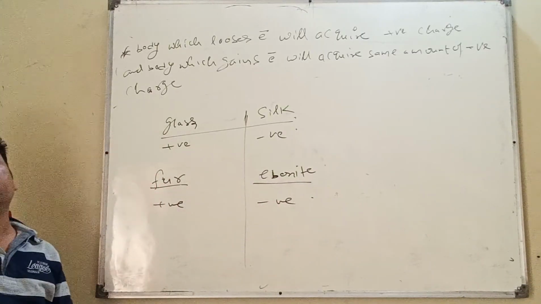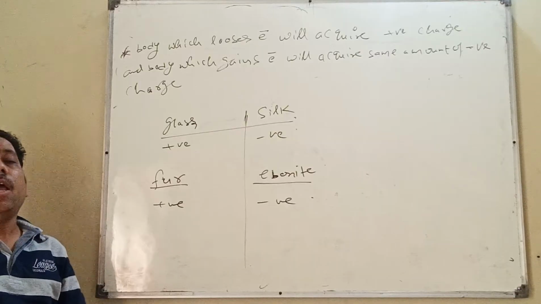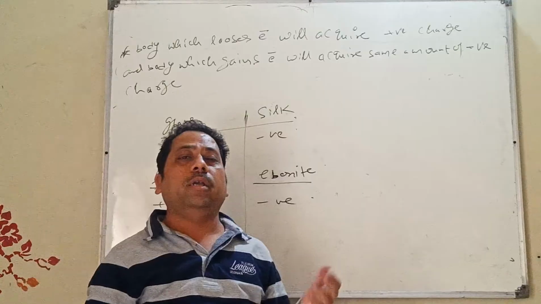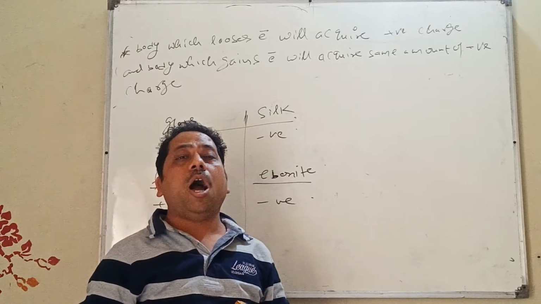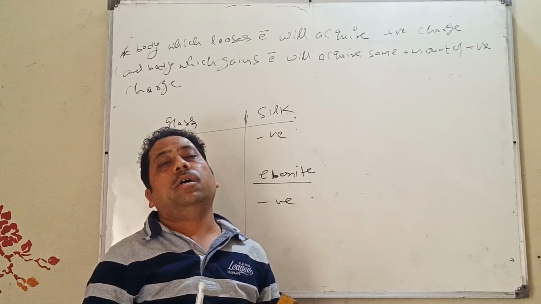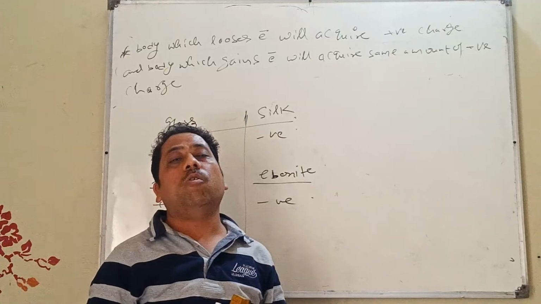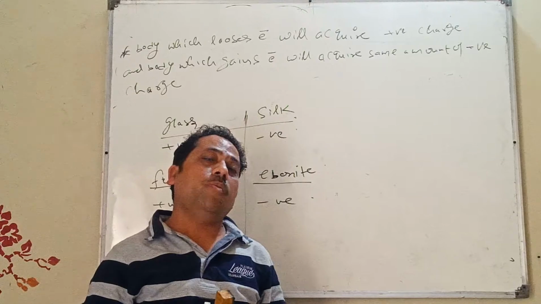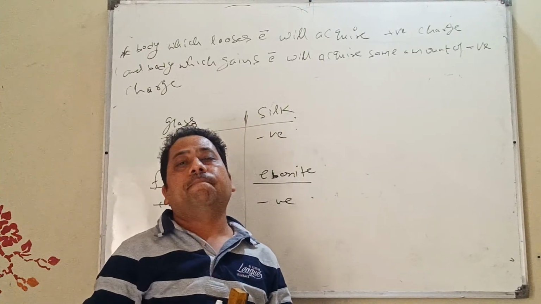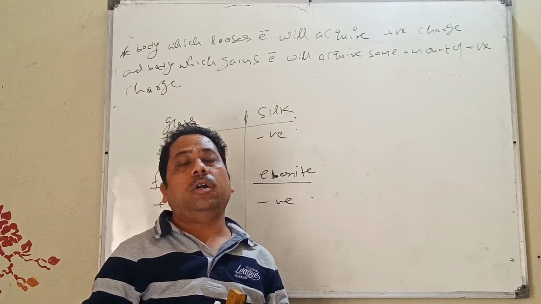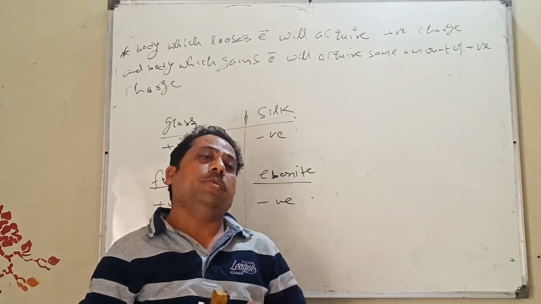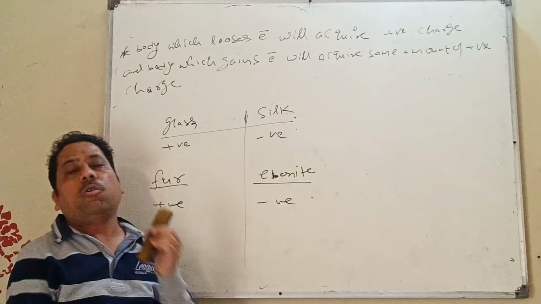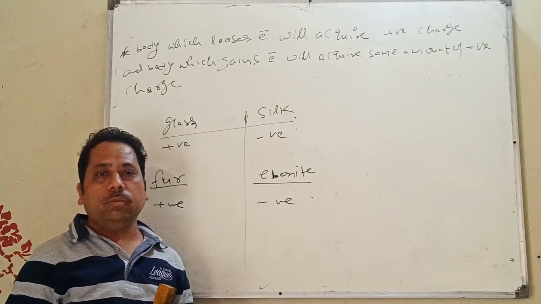Many more examples in daily routine life. When you enter a room after traveling a certain distance on a bike or scooty, and suddenly you touch the metal knob of the door, sometimes you find that a very mild shock is felt by you.